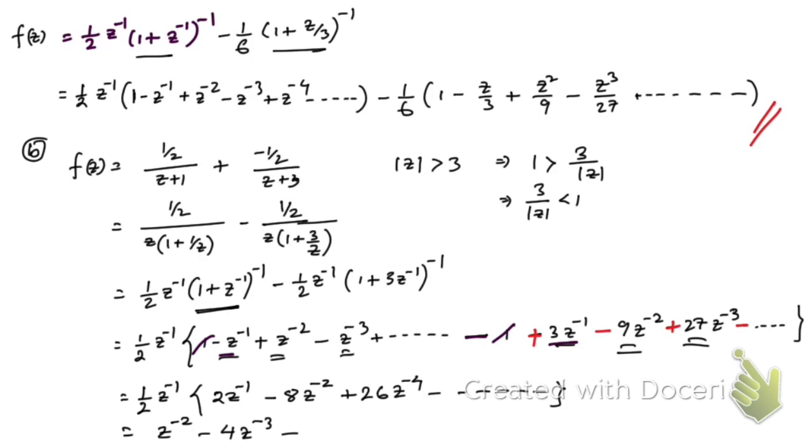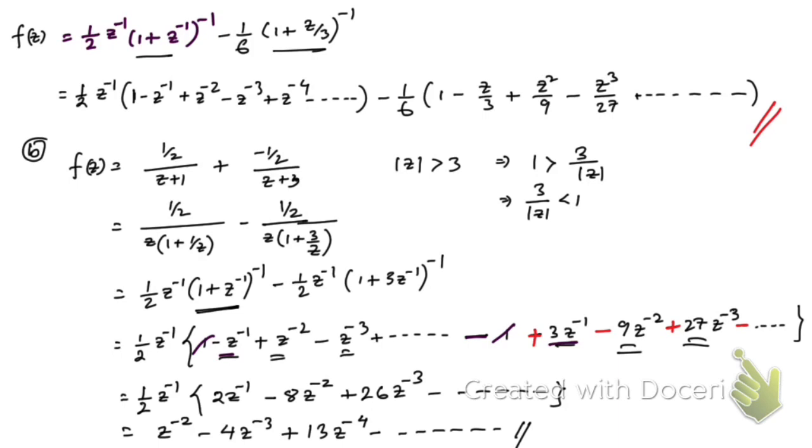Then plus, and 2 cancels 26, which gives 13 z to the power minus 5, and so on. Sorry, I missed something. That should be 3 actually, and it should be 4, and then minus and dot dot dot and so on. So this is our Laurent series. Hope you have understood this.